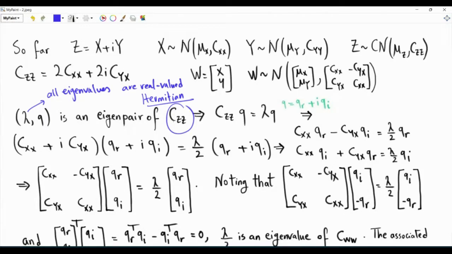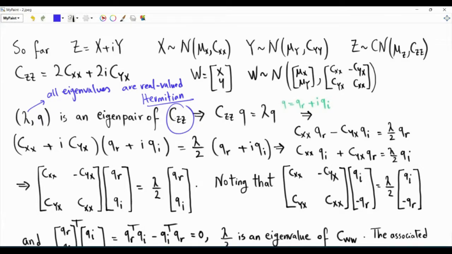In fact, Czz is positive semi-definite, which means that the eigenvalues are not just real valued, they are non-negative. In fact, we will take the eigenvalues to be strictly positive so that matrix Czz is assumed to be invertible, and we can write down the PDF in terms of the inverse of Czz. So Czz, again, is a Hermitian positive definite matrix.